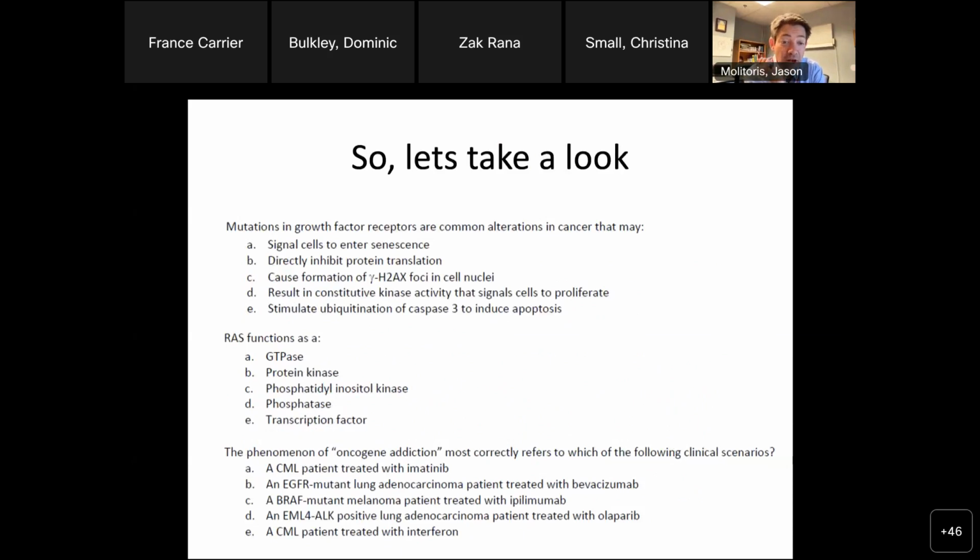And then the phenomenon of oncogene addiction most correctly refers to which of the following clinical scenarios? A CML patient treated with imatinib, an EGFR mutant lung adenocarcinoma treated with Bev, a BRAF mutant melanoma treated with IPI, ALK positive lung cancer treated with olaparib, or a CML patient treated with interferon.